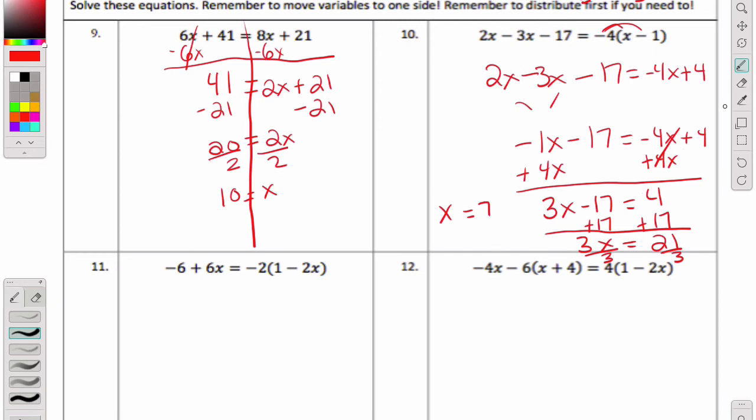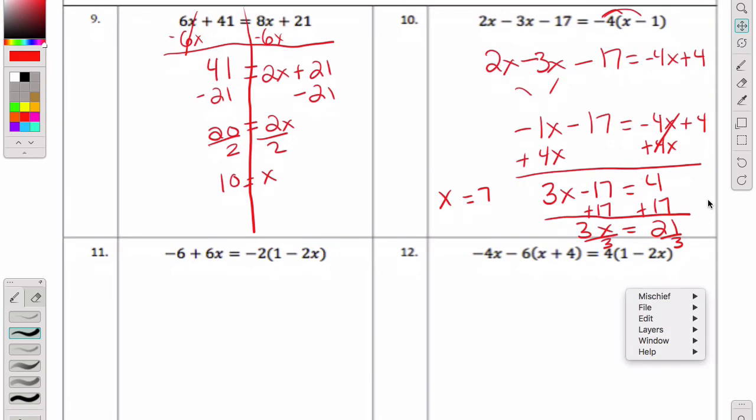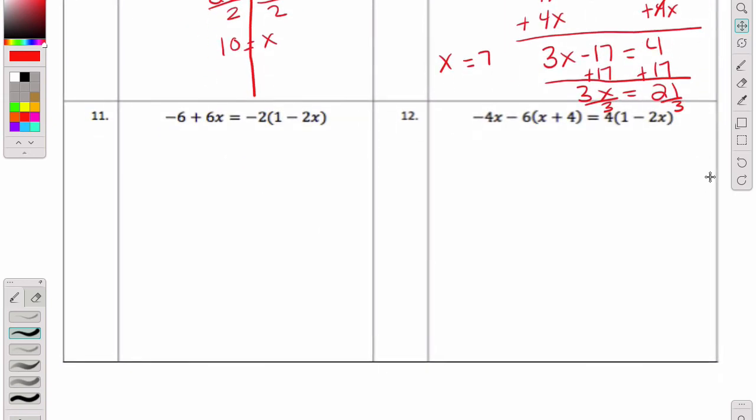All right. Do the last few. We got minus 6 plus 6x equals negative 2 times 1 minus 2x. So I can't combine anything, so I'm going to distribute. Boom.